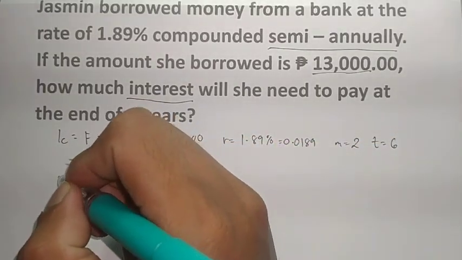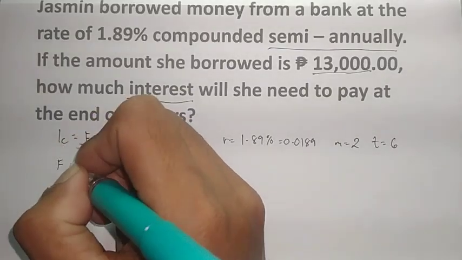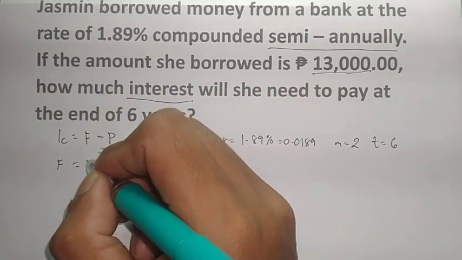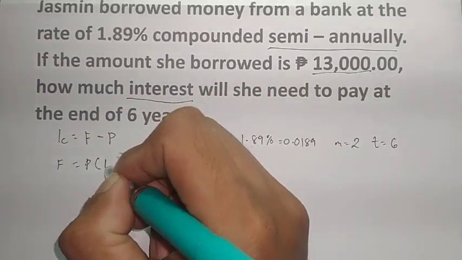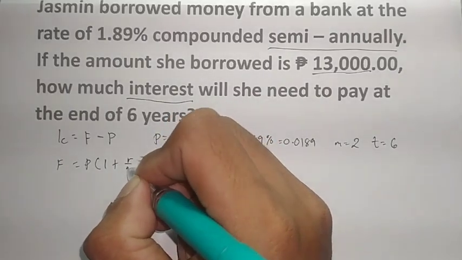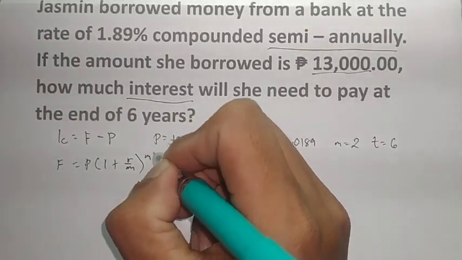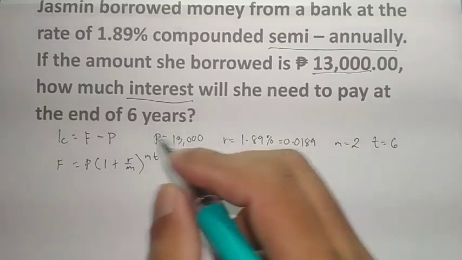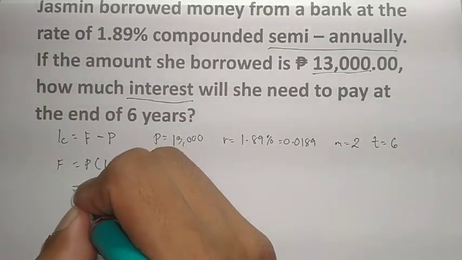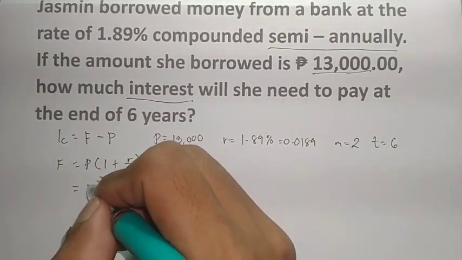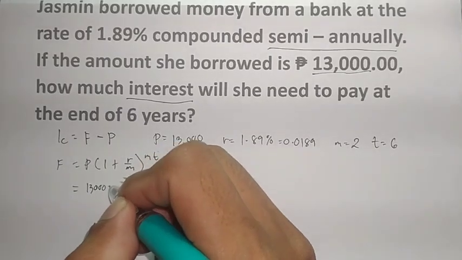So the formula for future value is F equals P times the quantity 1 plus R over M raised to MT. Okay, all we need to do is substitute the values. So P becomes 13,000.